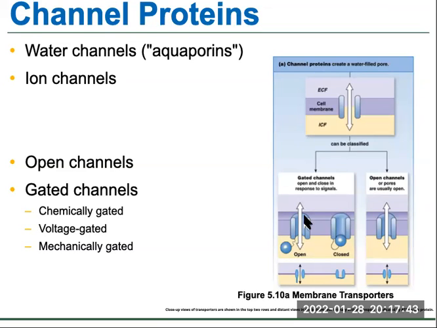For example, a ligand binding to the channel causes it to open. It can be voltage gated, meaning its opening and closing is in response to a change in membrane potential. They can also be mechanically gated, meaning some kind of mechanical trigger can cause these channels to open or close.